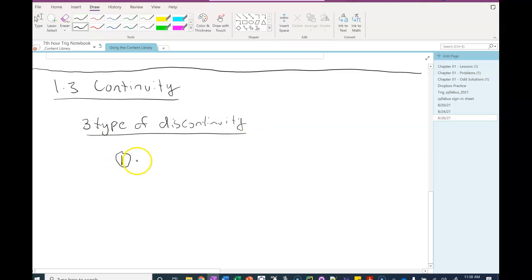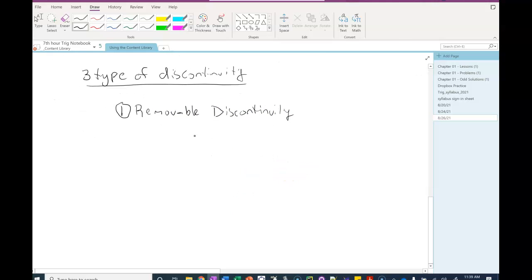The first type is the removable discontinuity. So let's say we have a parabola that looks like this.